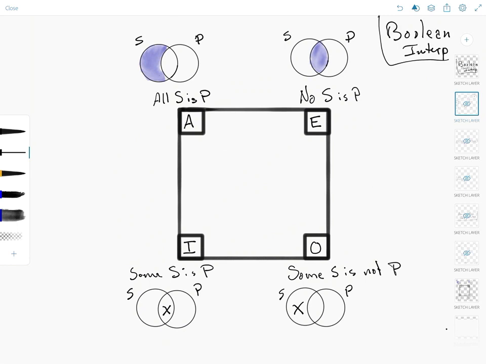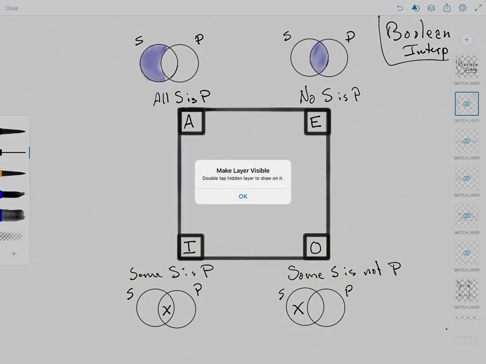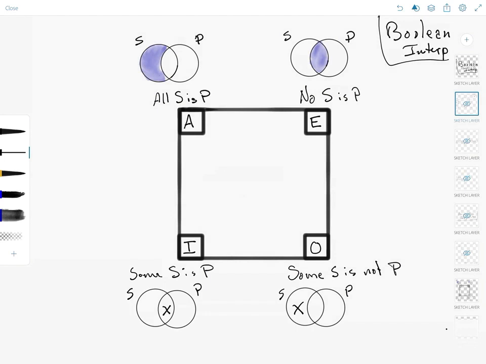So here's our square of opposition on the Boolean interpretation. Notice, across the top for universals, we have no x's because we don't take a position on whether S and P exist when we utter a claim like all S is P. So let's look and see which of the inferences on the square of opposition will survive. Let's start with contradictories.